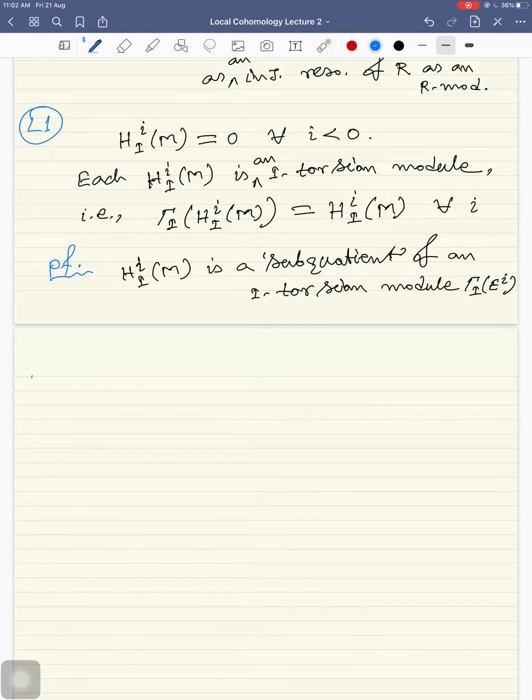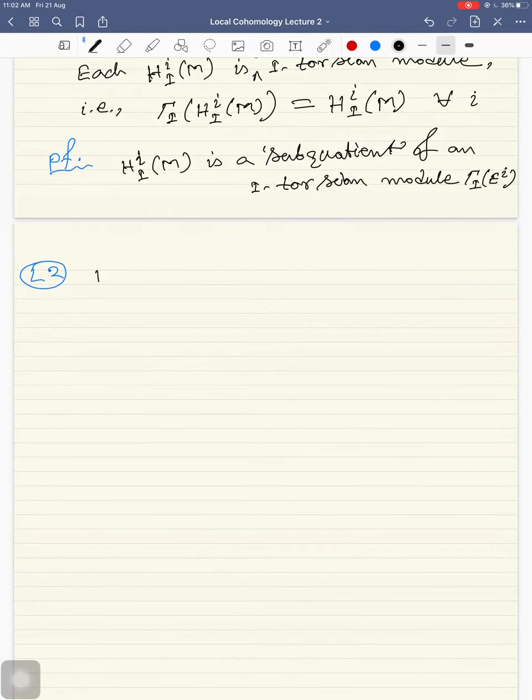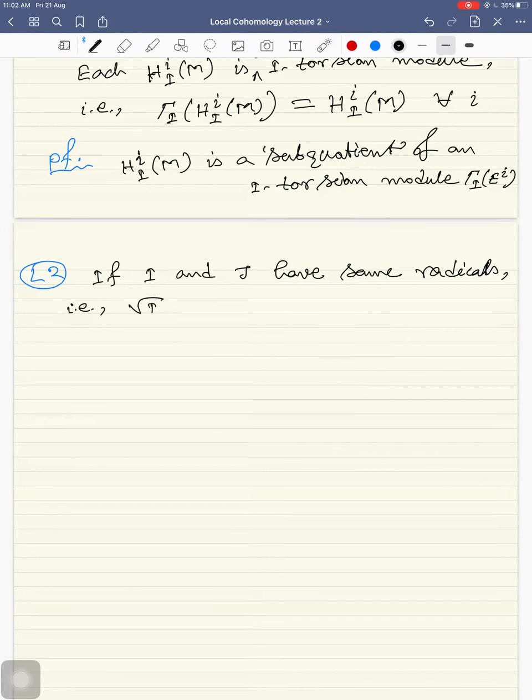Our next property of local cohomology modules is this: if you consider two ideals I and J, and both have the same radicals, that is, the radical of I is the same as the radical of J, then the I-torsion functor is the same as the J-torsion functor, and once they are the same, they induce the same local cohomology.